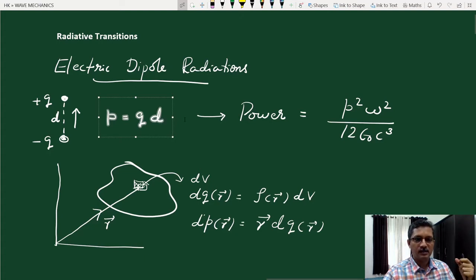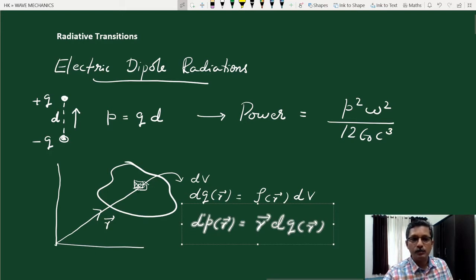The same idea we have used here, even though this is a continuous distribution of charge, we have divided it into small volume elements. So each volume element we can consider as an approximate point charge, having charge dq. Then the dipole moment with respect to some origin is the position vector from the origin into the charge, or charge into position vector from the origin.